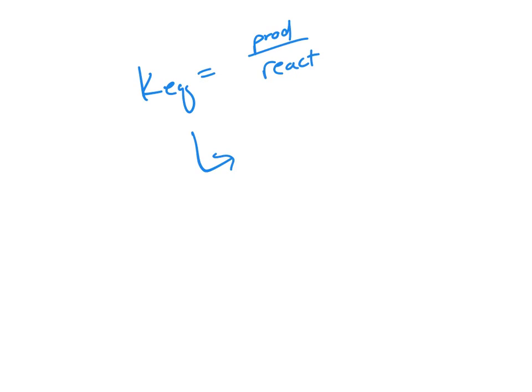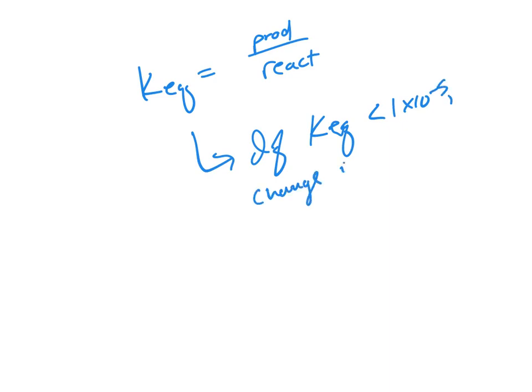If we have these shortcuts, so if KEQ is less than 1 times 10 to the negative 5th, the change in reactants is insignificant. That's a big help. It will help you avoid an incredible amount of math just to get a tiny, tiny change. And from there, we use the equilibrium concentrations to determine the KEQ value.